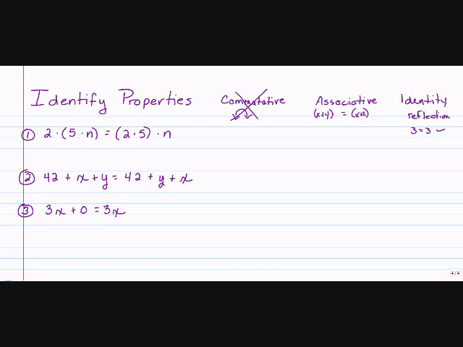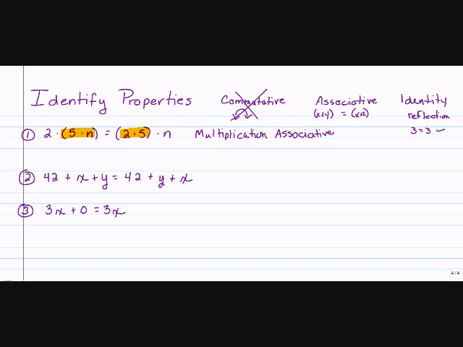And it sends off red highlights because notice I associated the 5 times n and then I associated the 2 times 5. So this would be the associative property, or the multiplicative associative property.